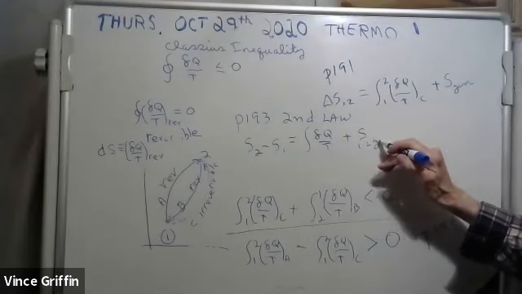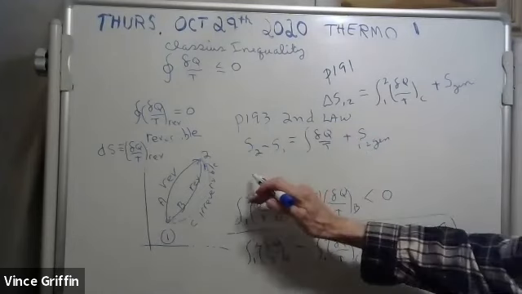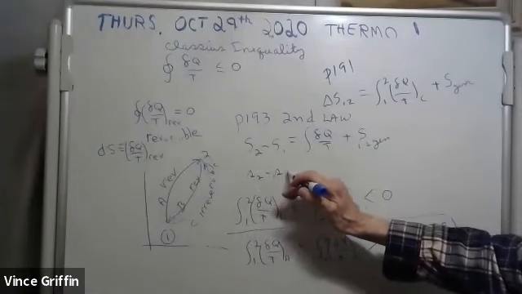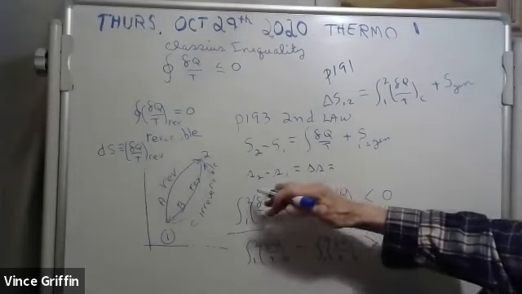They decided to call this your generated entropy. Now, they wrote it with big letters. If you wanted little letters, you'd go little s2 minus little s1. I call that delta S. That's what it means.